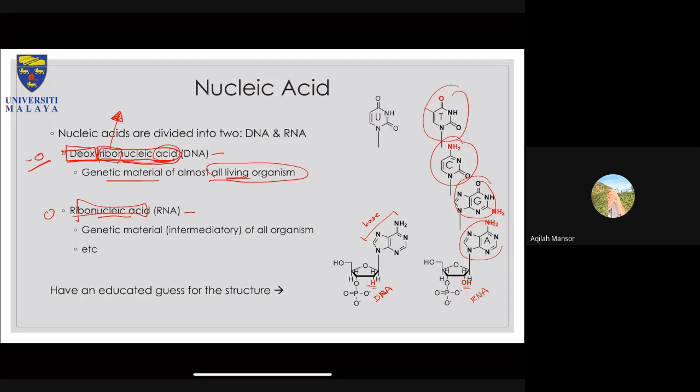Okay, now ribonucleic acid, on the other hand, is still a genetic material, but I call it the intermediary material of all organisms. This includes viruses. So why do I categorize them into two and not put viruses under living organisms? It's all because of the definition of living.